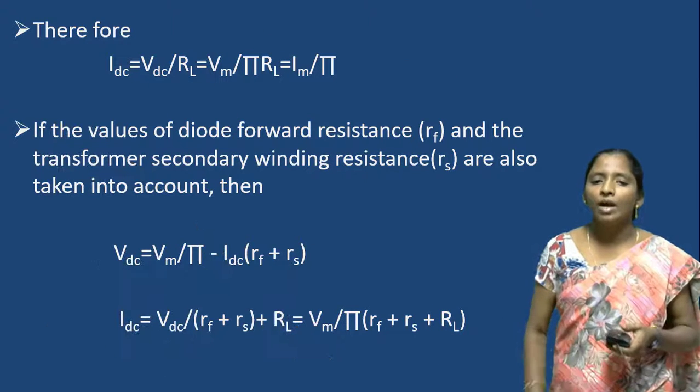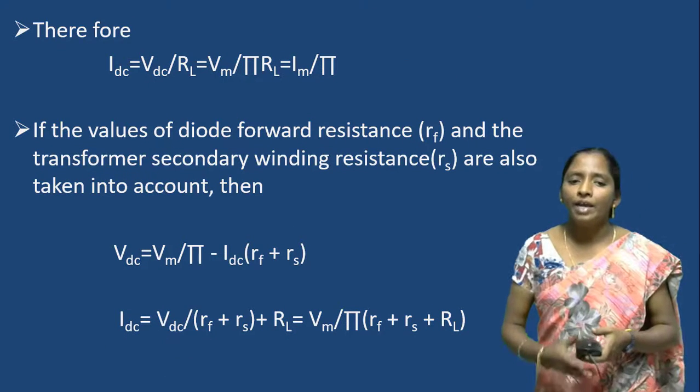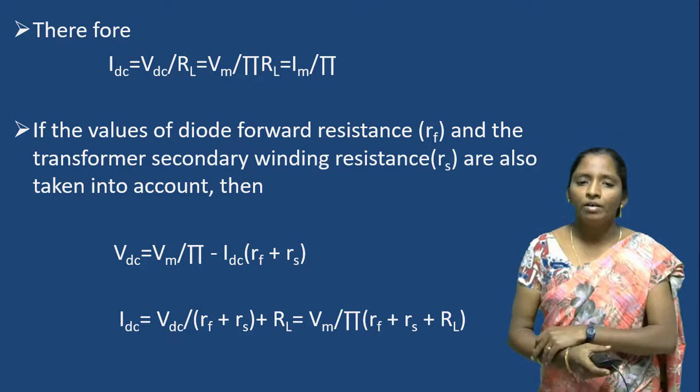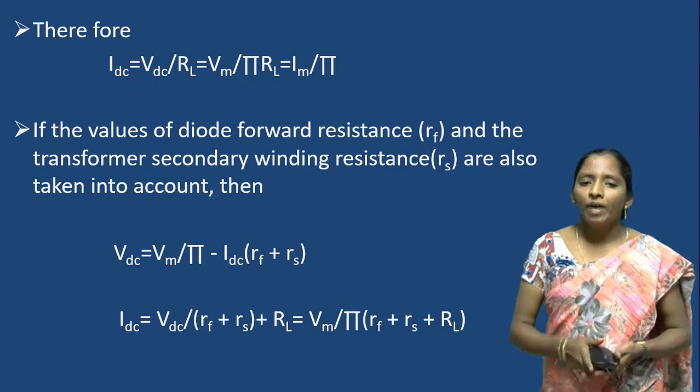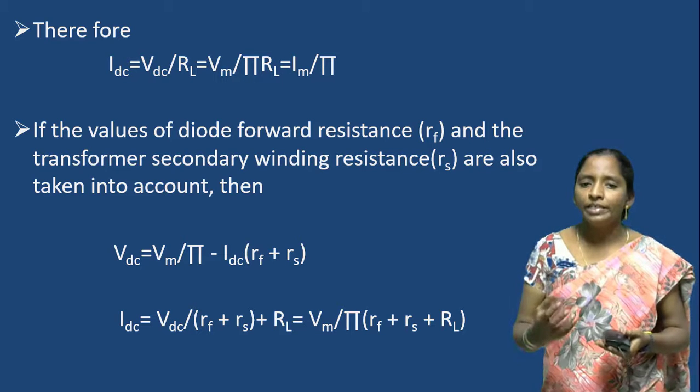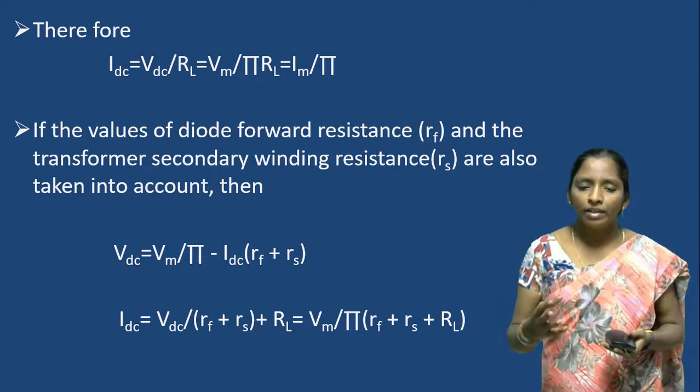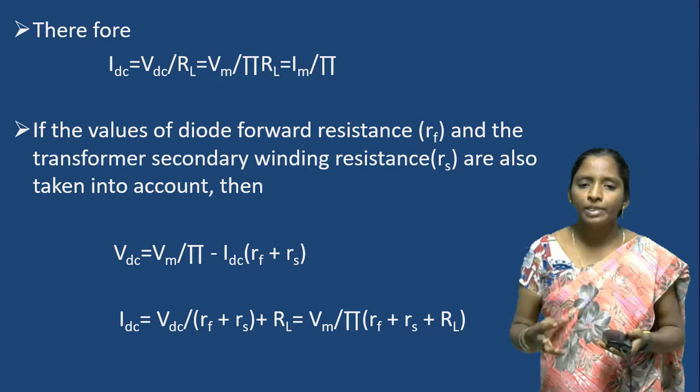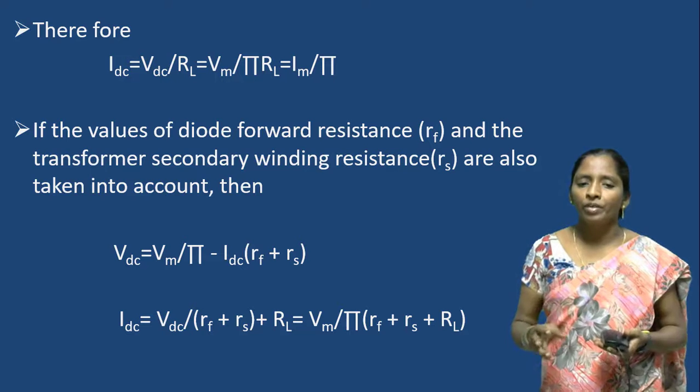According to Ohm's law, IDC equal to VDC by RL. We know VDC equal to Vm by pi, so IDC equals Vm by pi into RL. If the load resistance is negligible, then IDC equal to Im by pi.